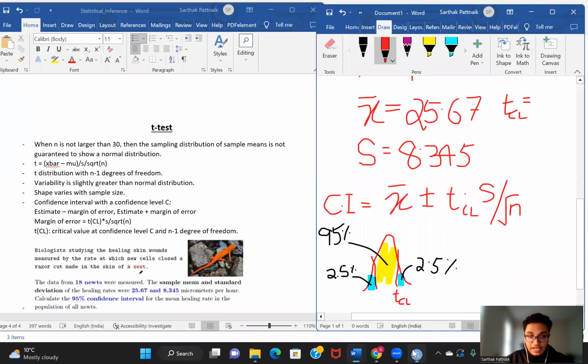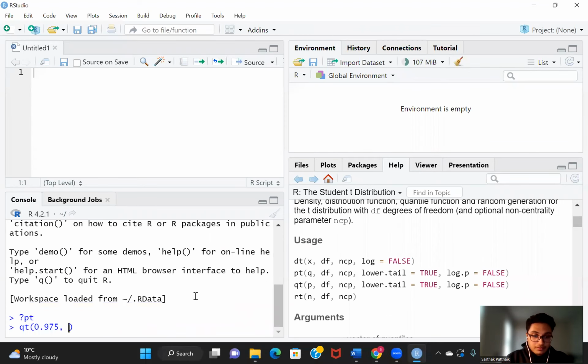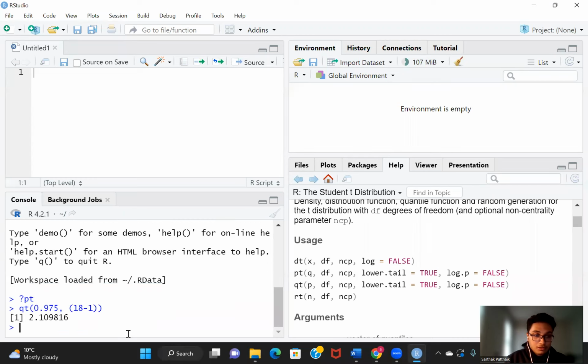Now degree of freedom is n minus 1. N is 18, so n minus 1 is 17. I will write it as 18 minus 1 so that at least for this part, you have a clear idea what we are doing. So qt of 0.975, comma, degree of freedom n minus 1, this comes out to be 2.109. So I'll store it in a variable.